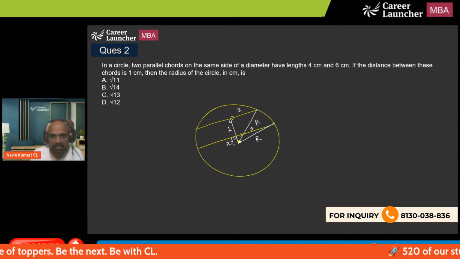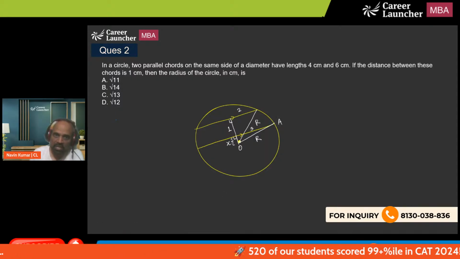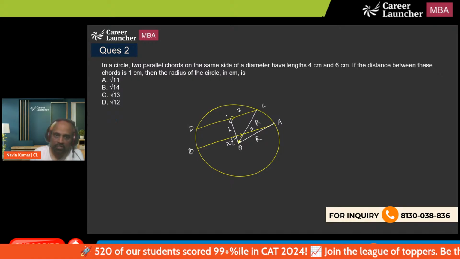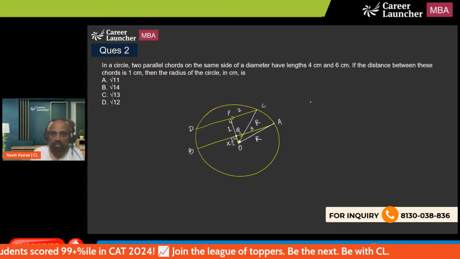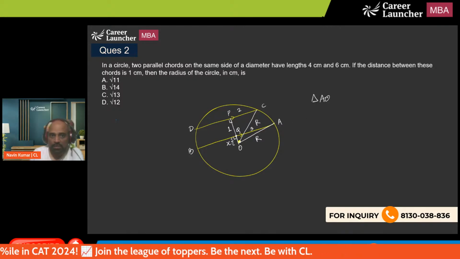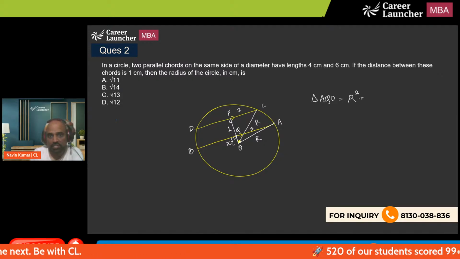Let's call this X. Now, if I name the points as O, A, B as the chord, C, D as the other chord, this point as P, this point as Q, then in triangle AQO, which is a right angle triangle, using Pythagoras theorem, we can say that R square is equal to 3 square plus X square.